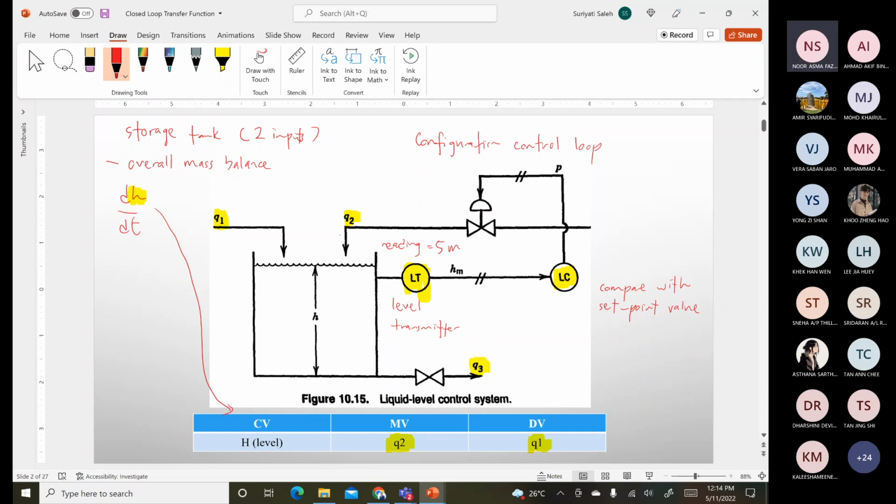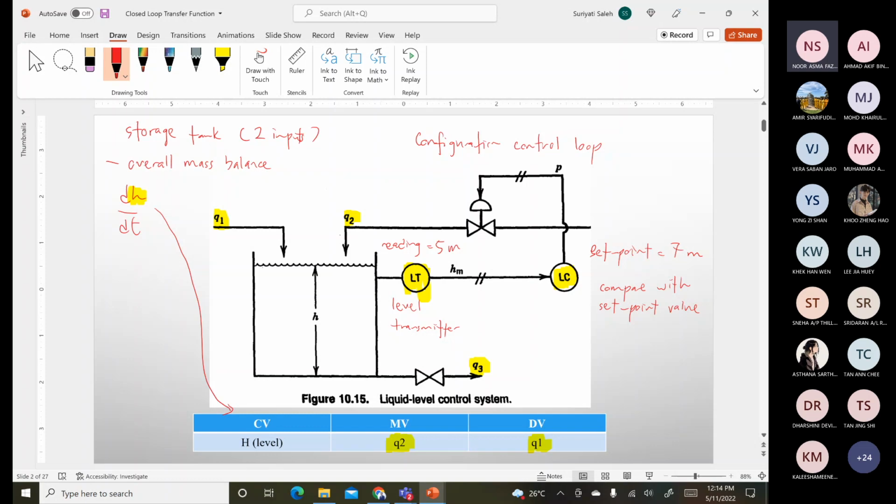And the 5 meter data will be sent to the controller, where the controller will compare with the set point value. And let's assume the set point required is 7 meters.